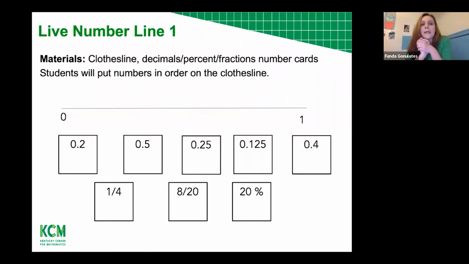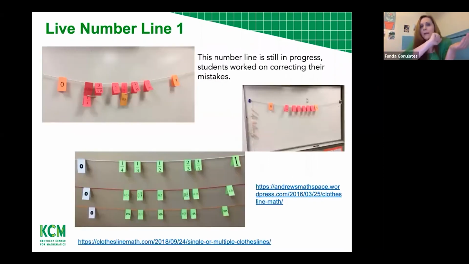Another one they can do is the live number line. All you need is some clothesline and some cards that you can prepare at home or at school. Then we hang the cards on the clothesline. I presented these 3 images because there are 3 different ways that you can facilitate this activity.